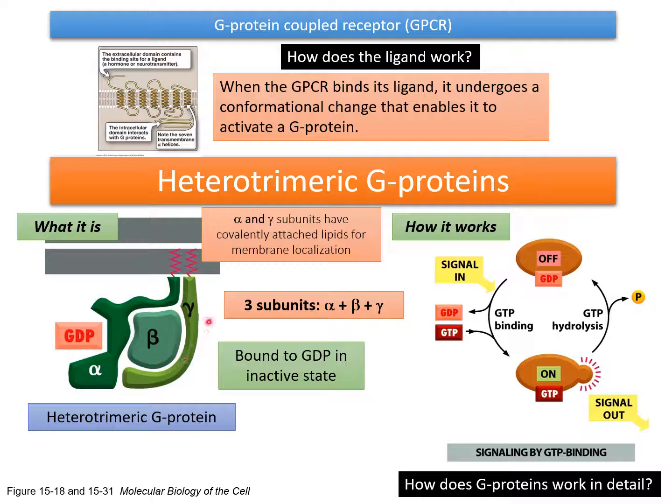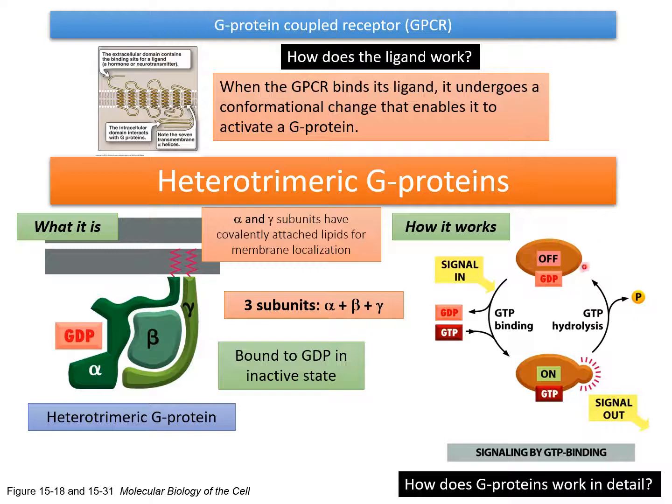For your purposes, you can think of the beta gamma subunit as one component, although in reality it's 2 pieces. Know that the alpha and the gamma are tethered to the membrane here, so this would be a hydrophobic tail that's embedded in the cell membrane here. And the alpha subunit is either going to bind to GDP or GTP, depending on whether or not this is active or not.